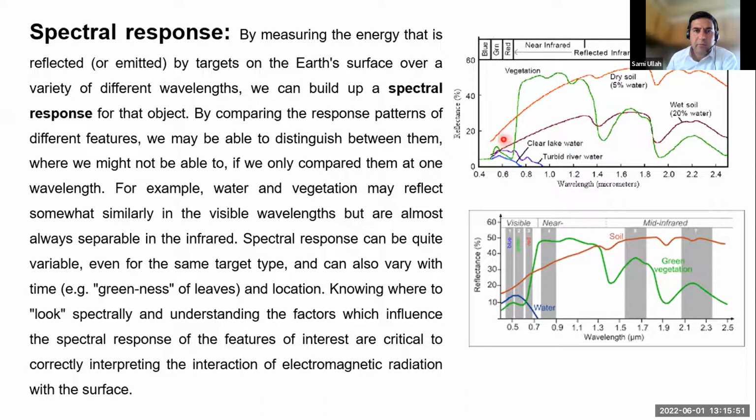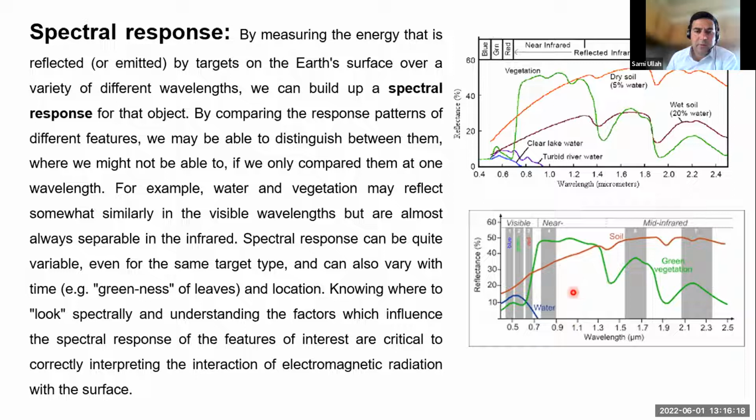The dry soil graph is also different, and the turbid river water is also different. So because of this different recording of the energy by the sensor at different wavelengths, we can differentiate between different objects using satellite images by applying a variety of classification algorithms.